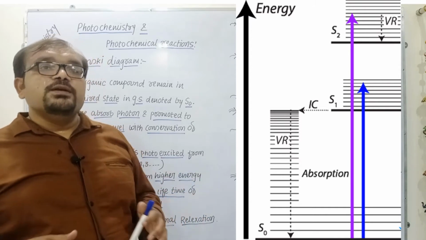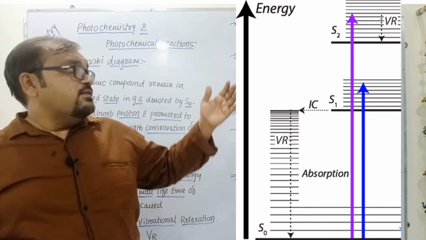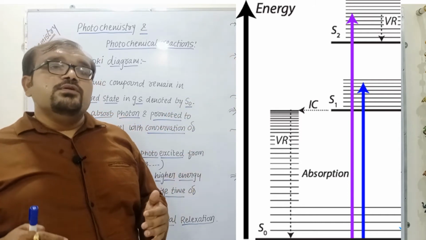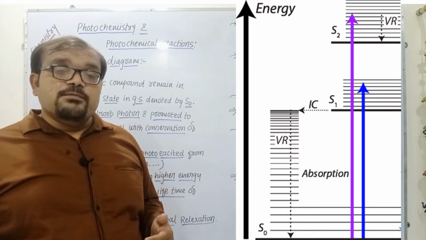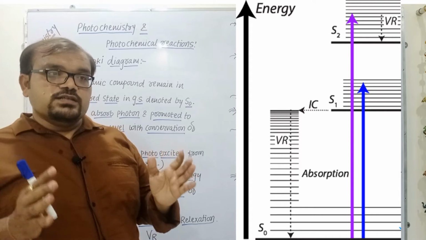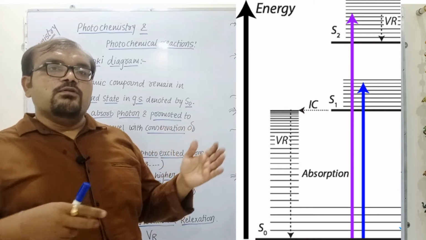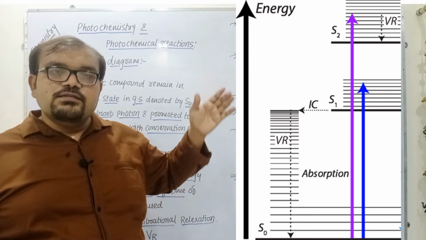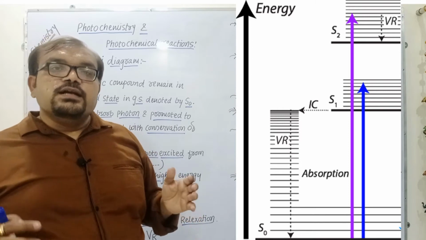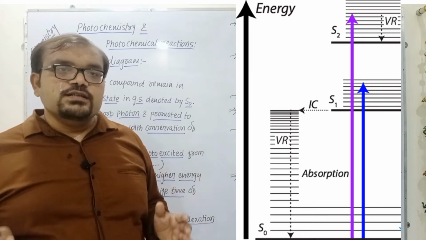Then such electrons are quickly cascaded from higher energy level to lower energy level due to the shorter lifetime, and when electrons are shifted from higher energy state to lower energy state, it is known as vibrational relaxation or vibrational cascade.